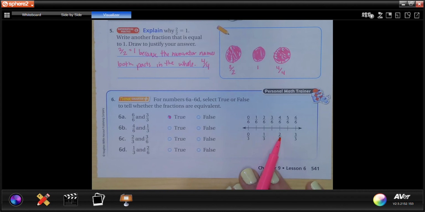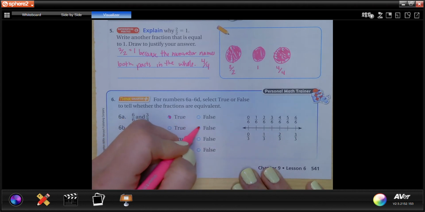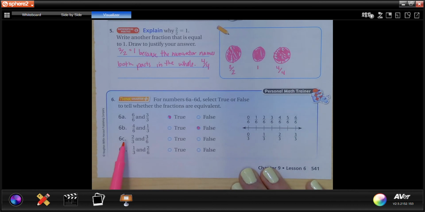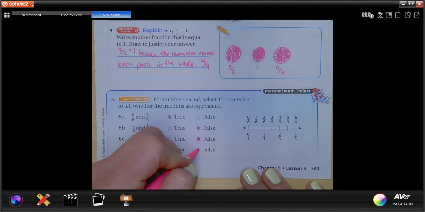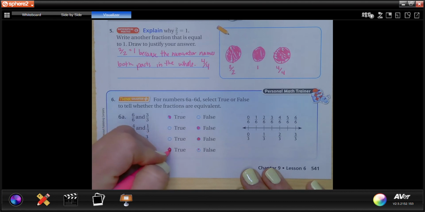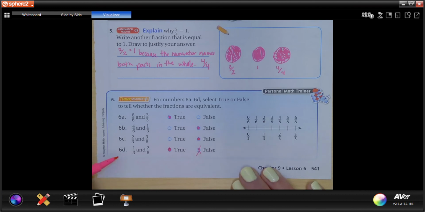Nope, it's equivalent to 2/3, so that is false. 6c. 2/3 and 3/6. 2/3, is that equivalent to 3/6? No, it's equivalent to 4/6. 6d. 1/3 and 2/6. Well, let's find 1/3. Is that equivalent to 2/6? Yes, it is. All right, 6d was true.